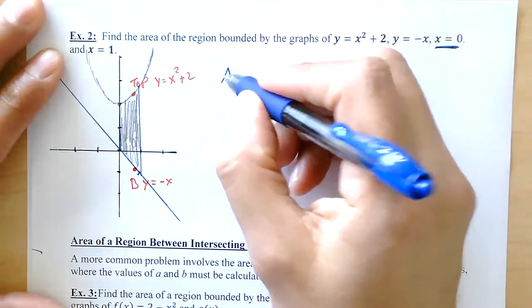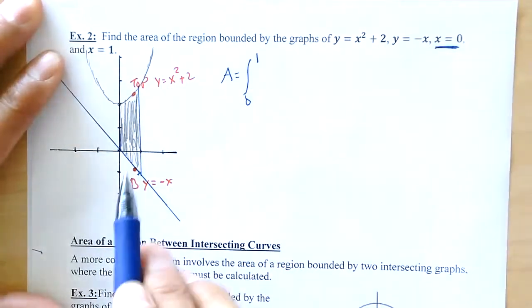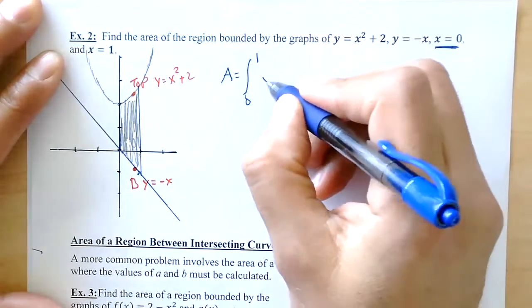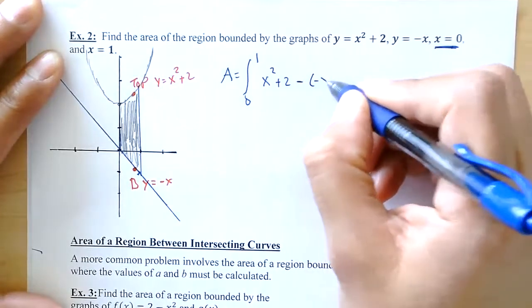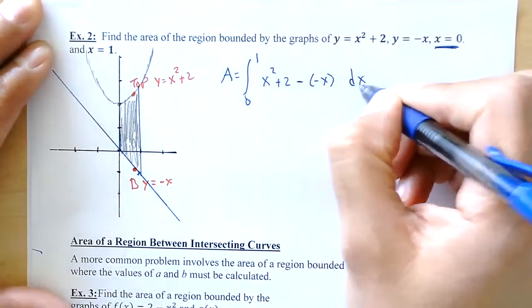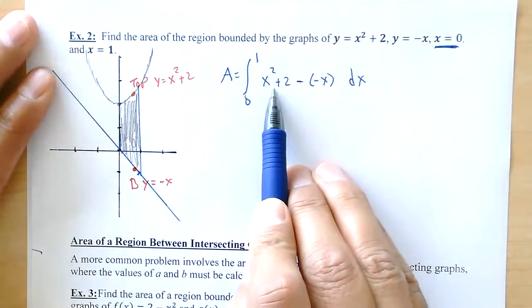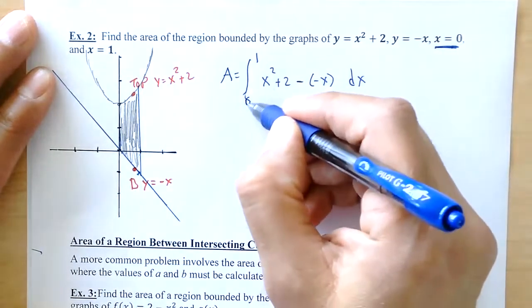So the area is the integral from 0 to 1. You can look at the graph, 0 to 1. The top function minus the bottom function with respect to x. So this is the top, this is the bottom. My limits are 0 to 1.